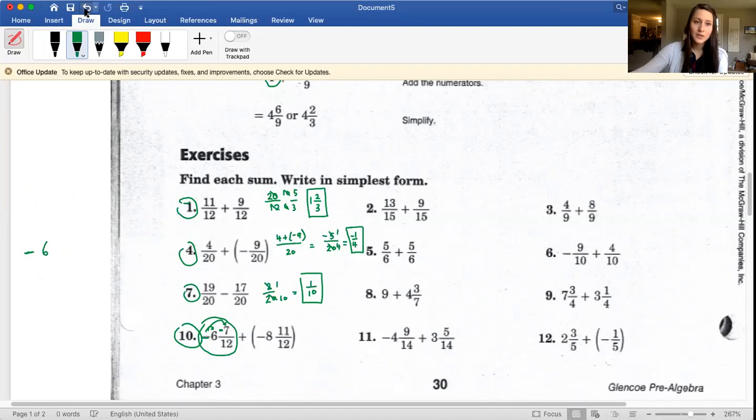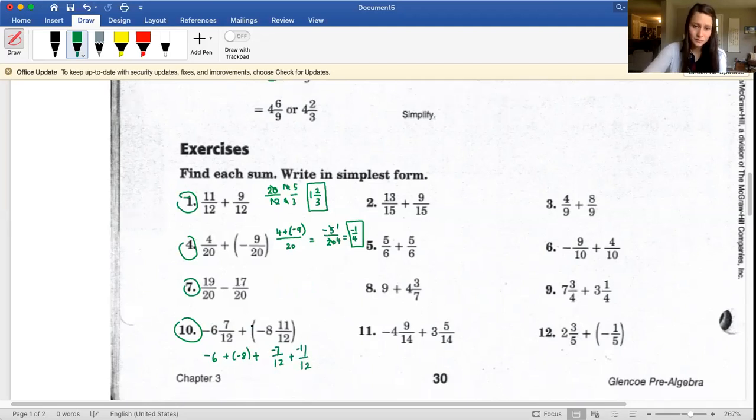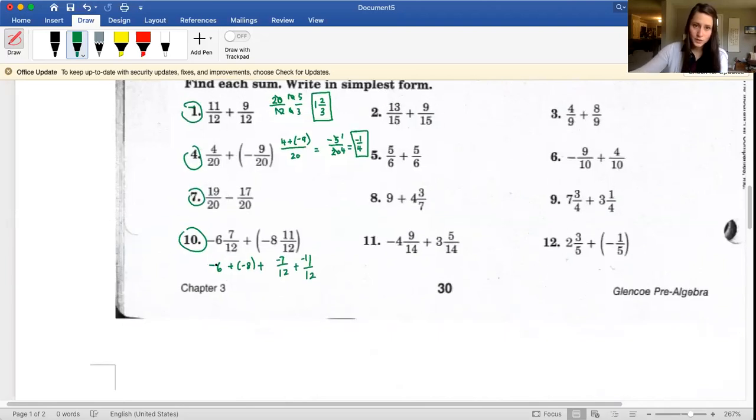So when I'm looking at this, I'm going to separate out my work, and I've got negative 6 plus negative 8, and that is also with plus negative 7/12 plus negative 11/12. So we're adding our wholes.